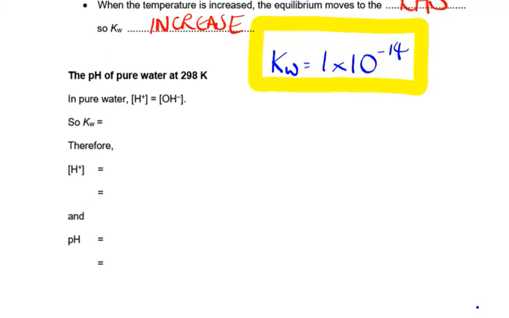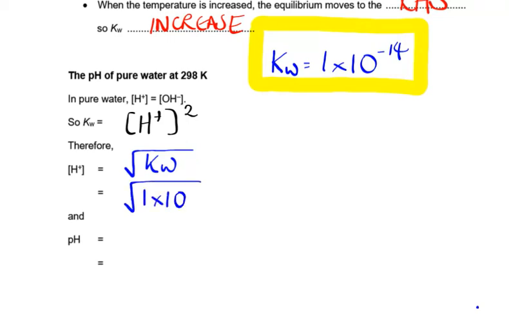Since these are the same, that means that Kw is equal to the hydrogen ion concentration squared, which means the hydrogen ion concentration is the square root of Kw, which is the square root of 1 times 10 to the minus 14, which is 10 to the minus 7.